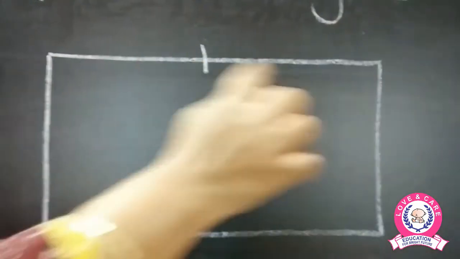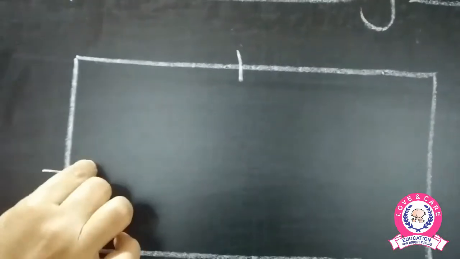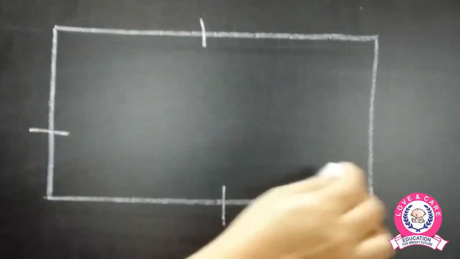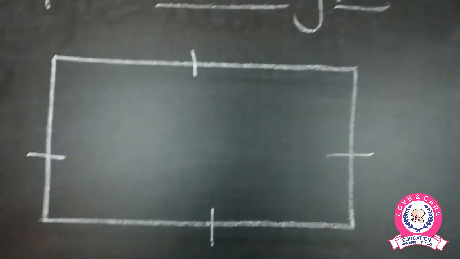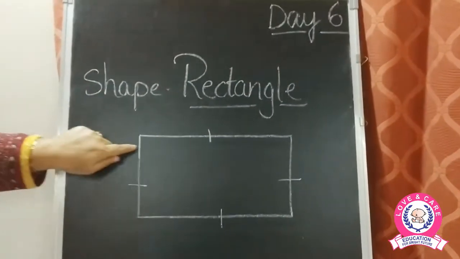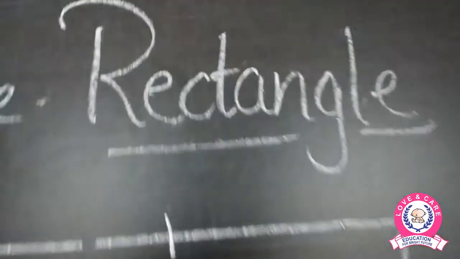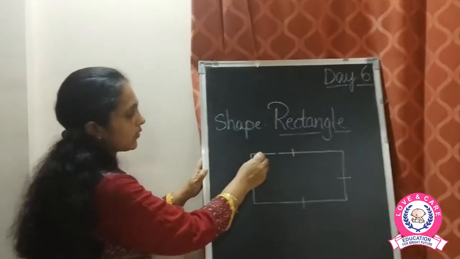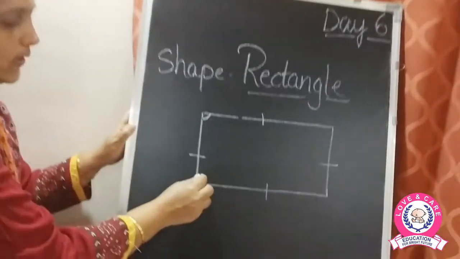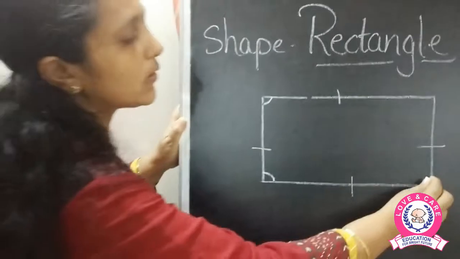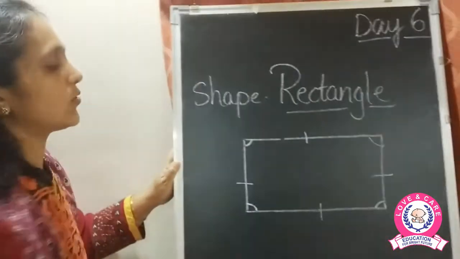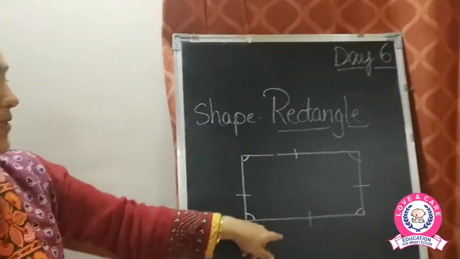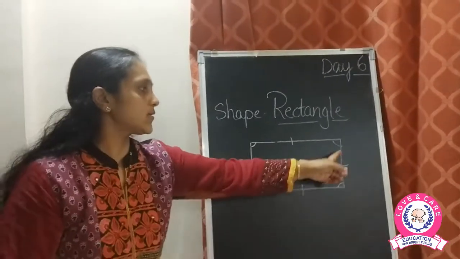That is one line, 2, 3 and 4. So a rectangle has 4 lines, 1, 2, 3 and 4, and has 4 corners. These are called the corners. 1, 2, 3 and 4. So the rectangle has 4 sides and 4 corners.